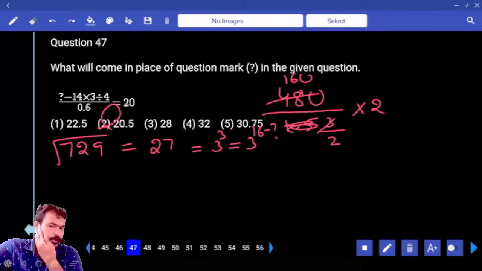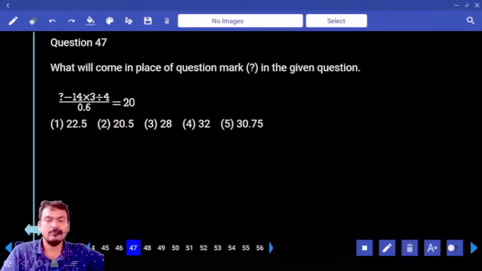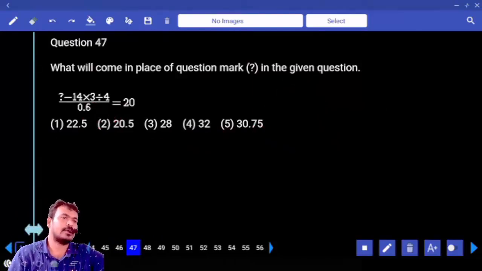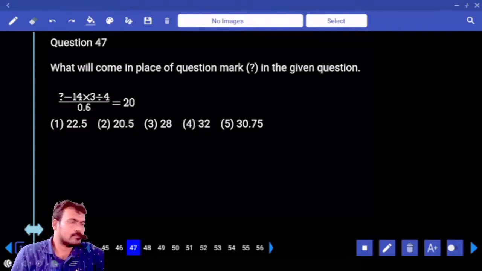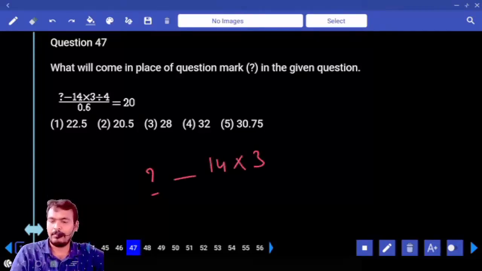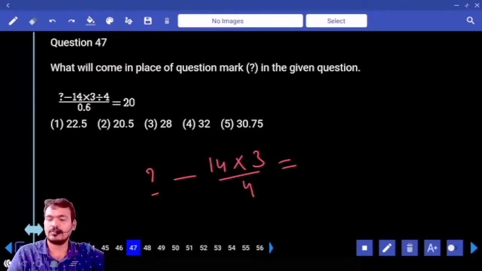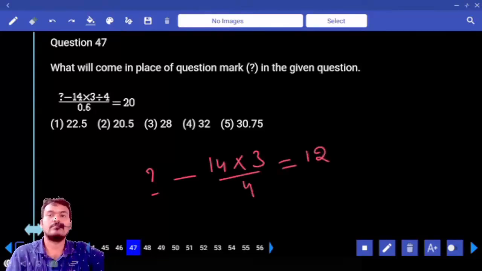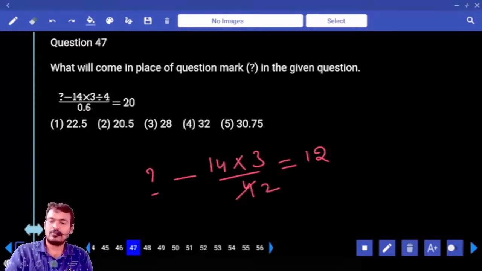Next, question number 47. First, the left hand side denominator will become right hand side product. 20 into 0.6, 12. Then we write something minus 14 into 3 by 4 equal to how much value? 12, okay. 2 how many times? 2 times. 2 how many times? 7. 7 3 is how much? 21.